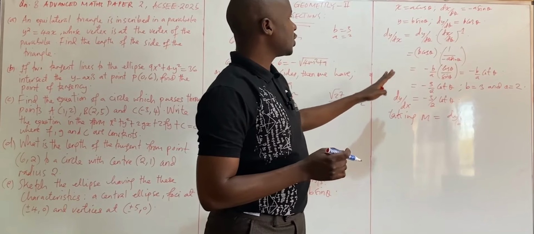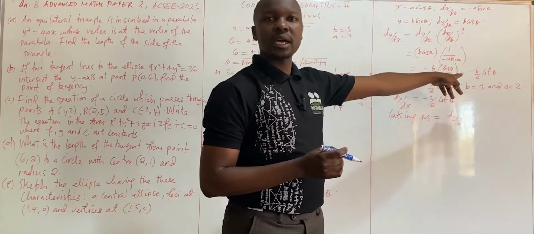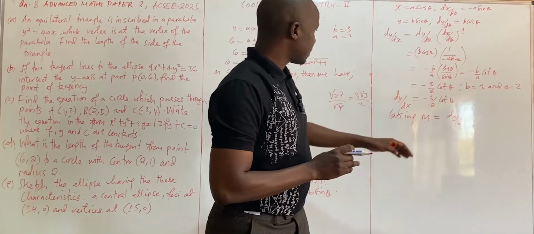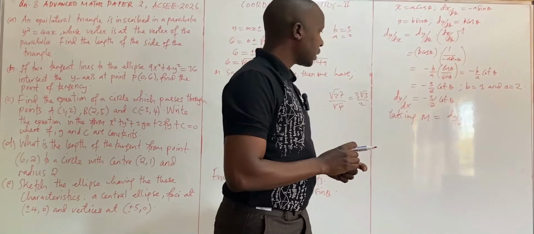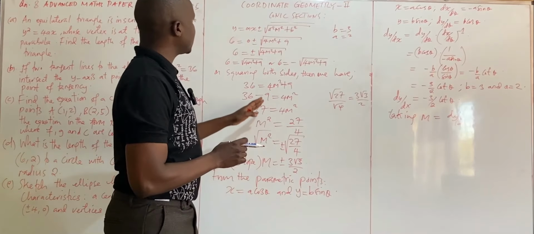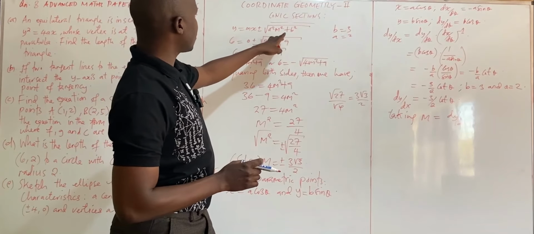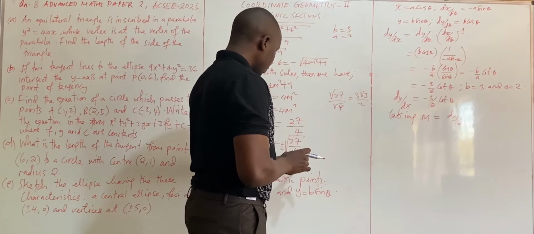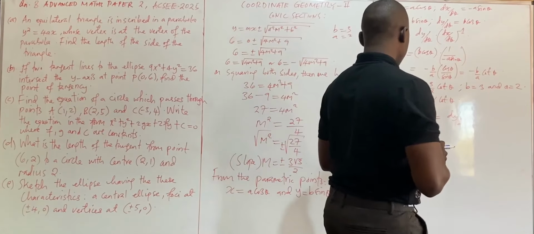Now we assume the point of tangency where the tangent line touches the ellipse. So this now will be the slope for the ellipse, and this m here will be the slope for the tangent line, because you obtained it all the way from the general equation of the tangent to the ellipse. So these two slopes now will be the same.